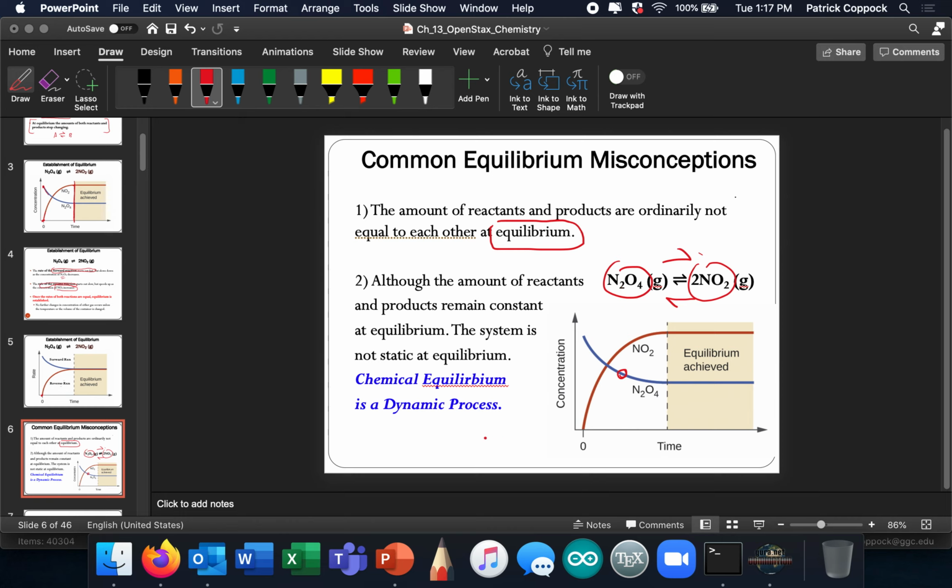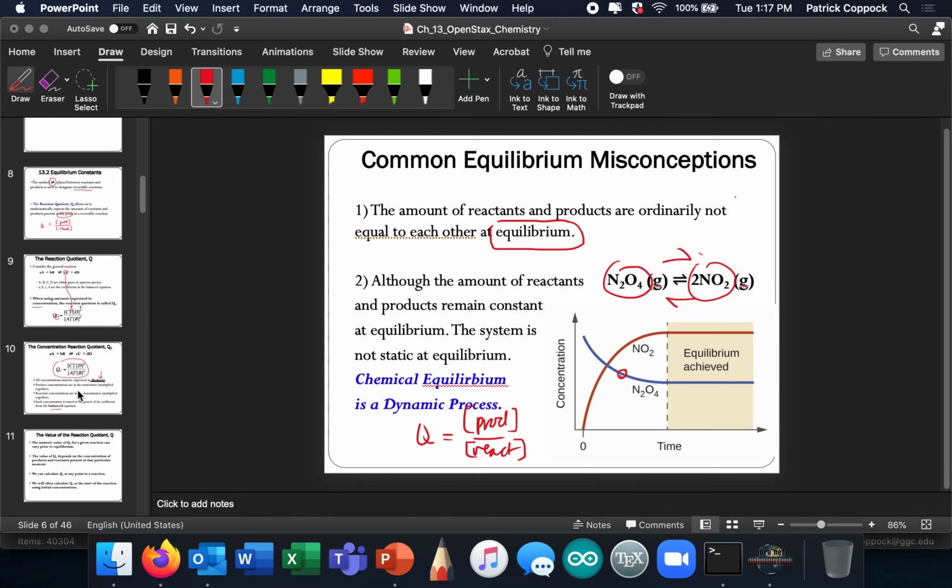And so remember, in this conversation, Q is equal to the products over reactants, right? Products over reactants. And so the reactant's actually going down. That means this number is getting smaller. That means Q is actually getting bigger, right? When the denominator gets smaller, the ratio gets bigger. So Q is changing over time.